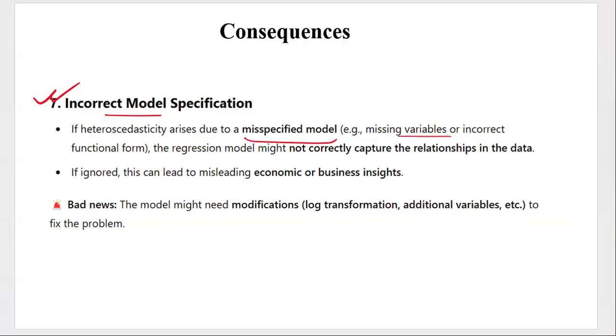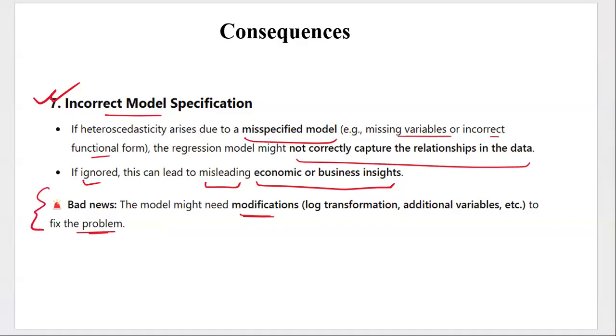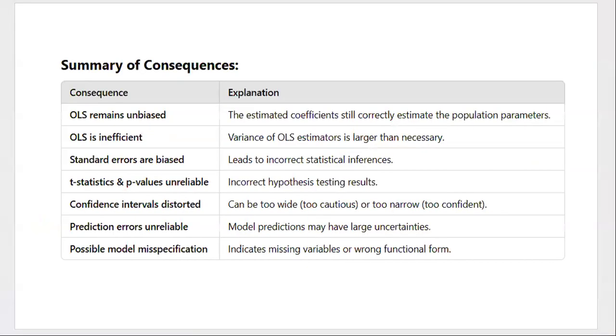It could be due to missing variables or incorrect functional form. Then the regression model might not correctly capture the relationship in the data. If ignored, this can lead to misleading economic and business insight. So the model might need modifications to fix this problem. This is one of the methods of fixing the problem of heteroscedasticity that I'll come to in my next video.